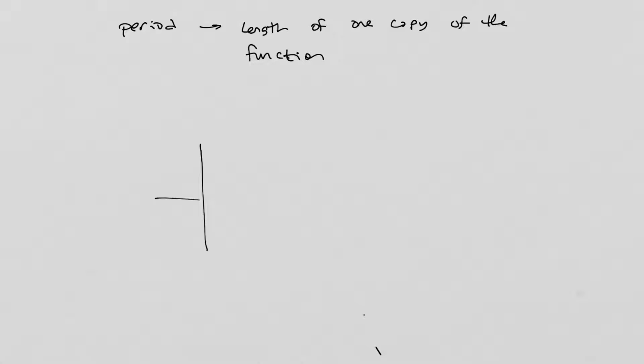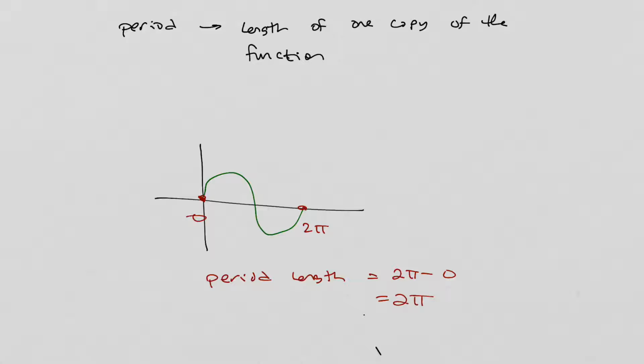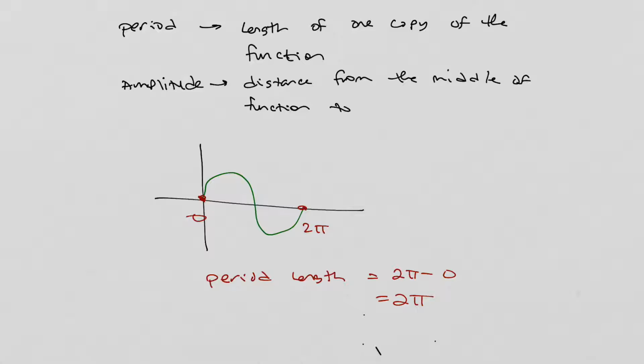When I had my sine function that looked like this, that's one copy of the function, and it started at 0 and ended at 2 pi, so the period length here is just 2 pi minus 0, which is 2 pi. We also saw the word amplitude. This is the distance from the middle of my sine function to the highest or lowest point.